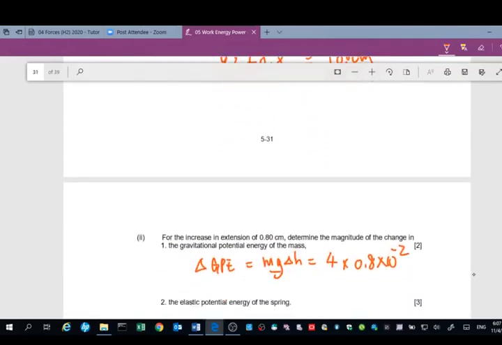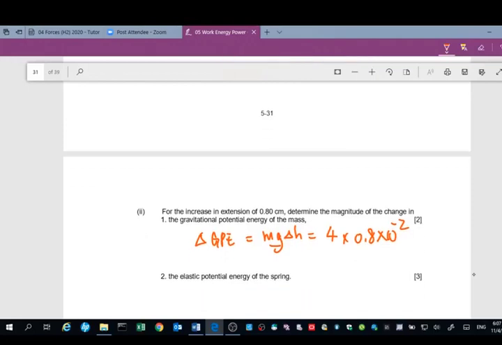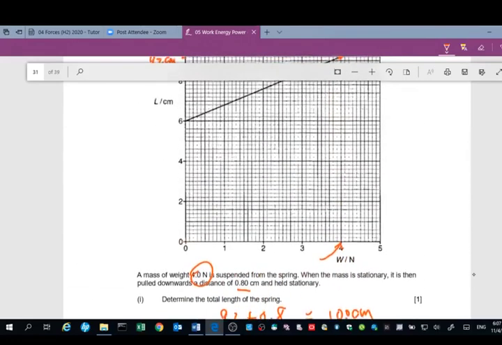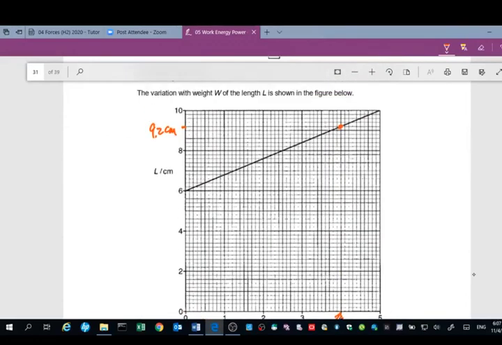Okay, so next, after the change in gravitational potential energy, what about the change in elastic potential energy of the spring? As I mentioned earlier, we start from here, then we stretch until here, the end. So when you calculate the area, it's not this area.